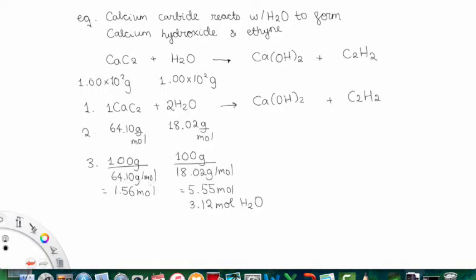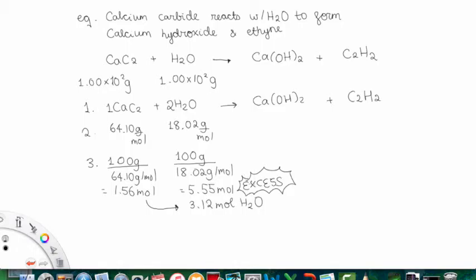So for every 1.56 moles of calcium carbide, we are going to need 3.12 moles of water. But since there are 5.55 moles of water available, that guy's in excess. Excess, if I can spell that.